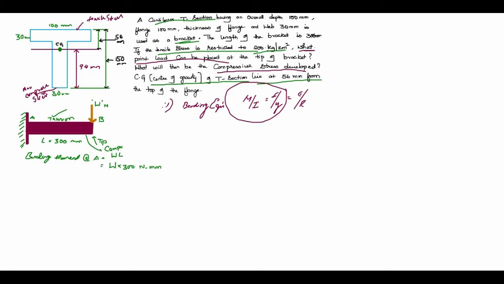So we are trying to find the value of M, which is equals to the moment of resistance, and this would be the maximum bending moment allowed in the beam due to the point load W, right?